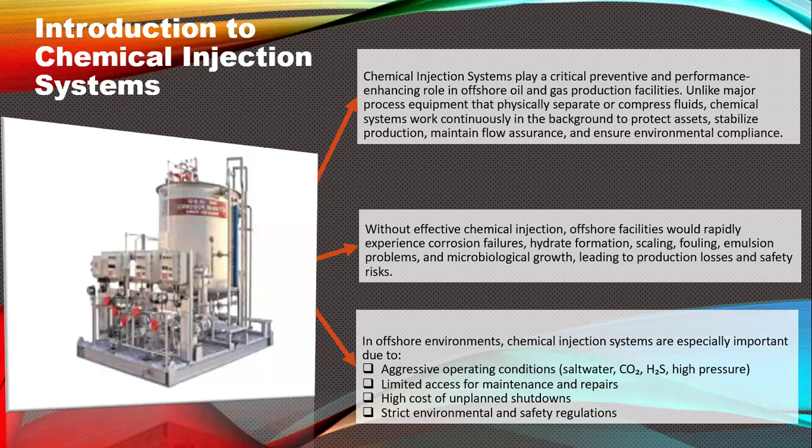In offshore environments, chemical injection systems are especially important because aggressive operating conditions are present: we have high pressure, high temperature, we have H2S, we have CO2, and then we have limited space also for maintenance. So we need to ensure that we don't get to where we need to start doing maintenance all the time. So we have high cost of unplanned shutdown.